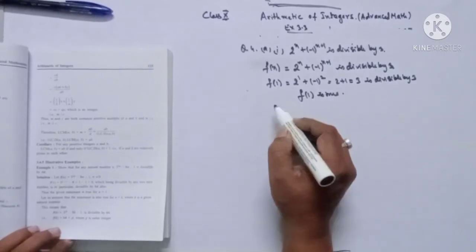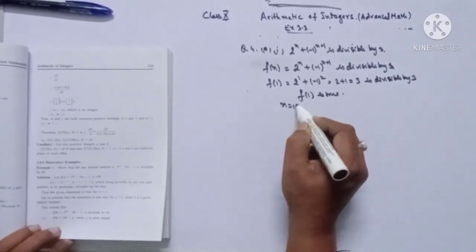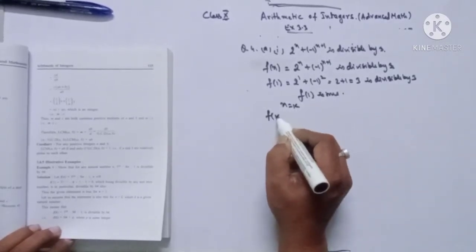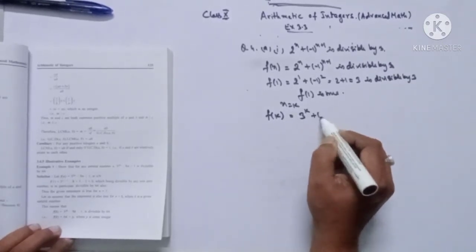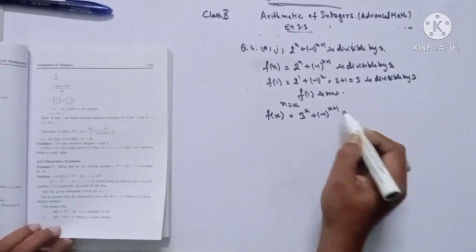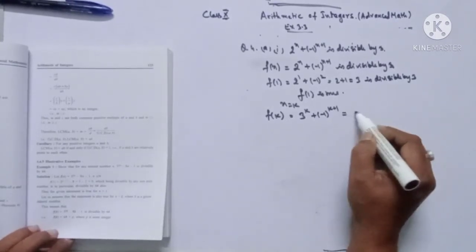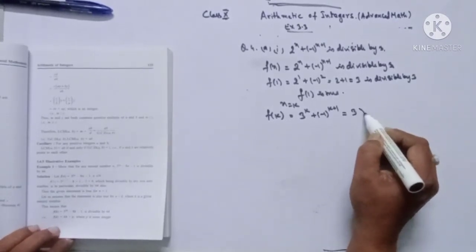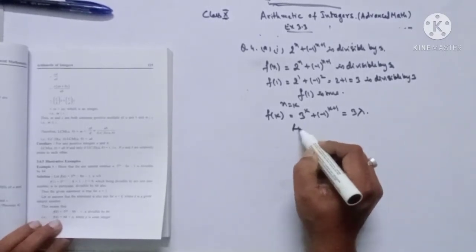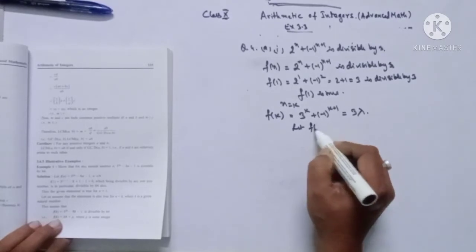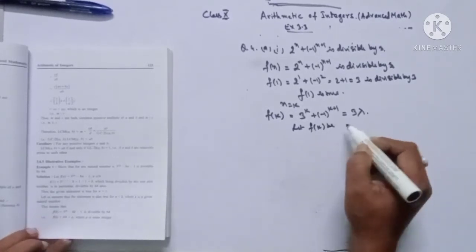So here your F1 is true. Now for n is equal to k, Fk is 2 to the power of k plus minus 1 to the power of k plus 1, and it is divisible by 3. Let us take it as 3 lambda, and let Fk be true.